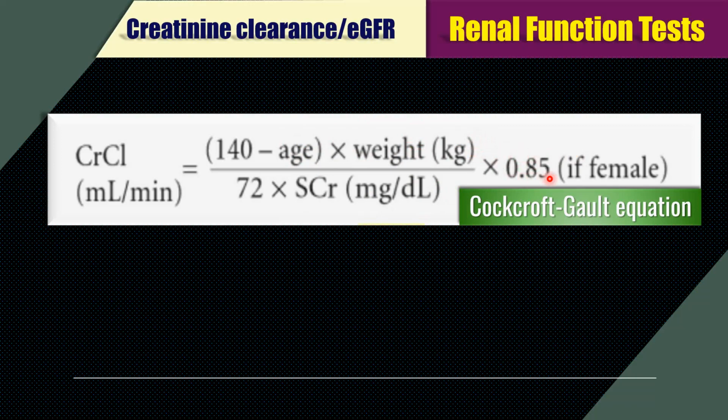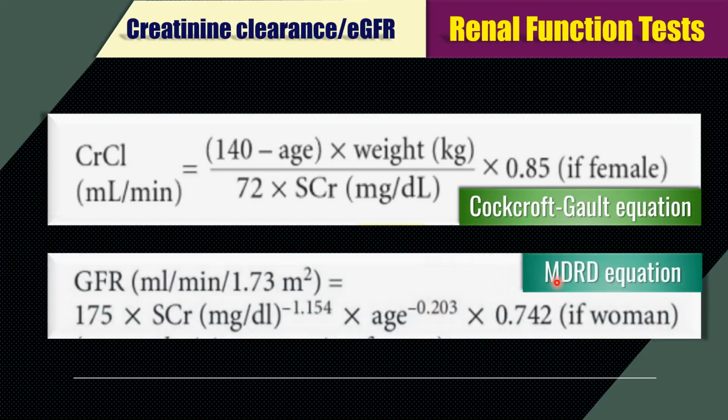If you multiply by 0.85, we can apply this formula for female, because creatinine always depends upon muscle mass and body weight. The next formula is the MDRD equation. Again, it uses body surface area, serum creatinine, age, and if female, we multiply by this particular factor.